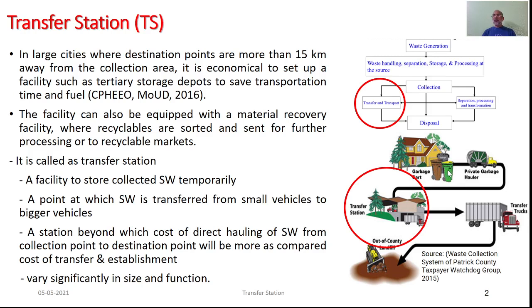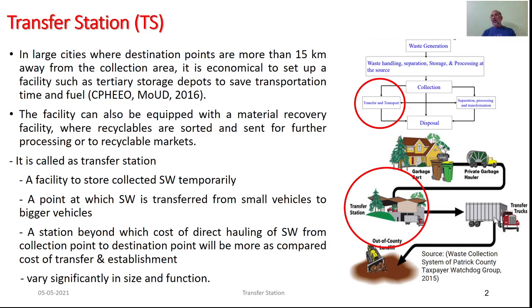From this secondary storage, the waste is collected and hauled by some kind of vehicle which will travel to some common station where the waste coming from various community bins will be stored together, from where it will now go into a bigger transfer truck.